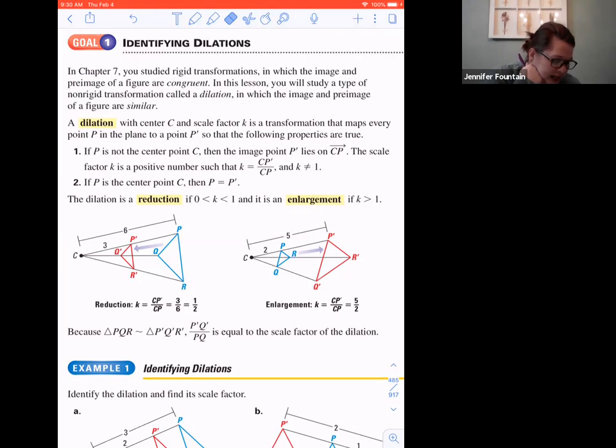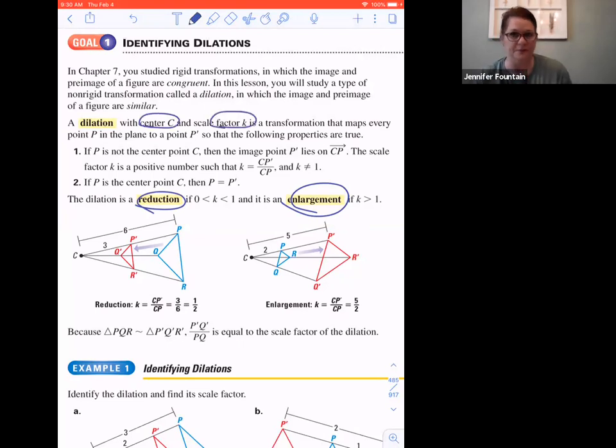Your first blanks will be either a reduction or an enlargement. The center of a dilation is indicated by the letter C, and the scale factor is indicated by the letter K. So we've said our first blanks are enlargement or reduction. Center is C, scale factor is K.